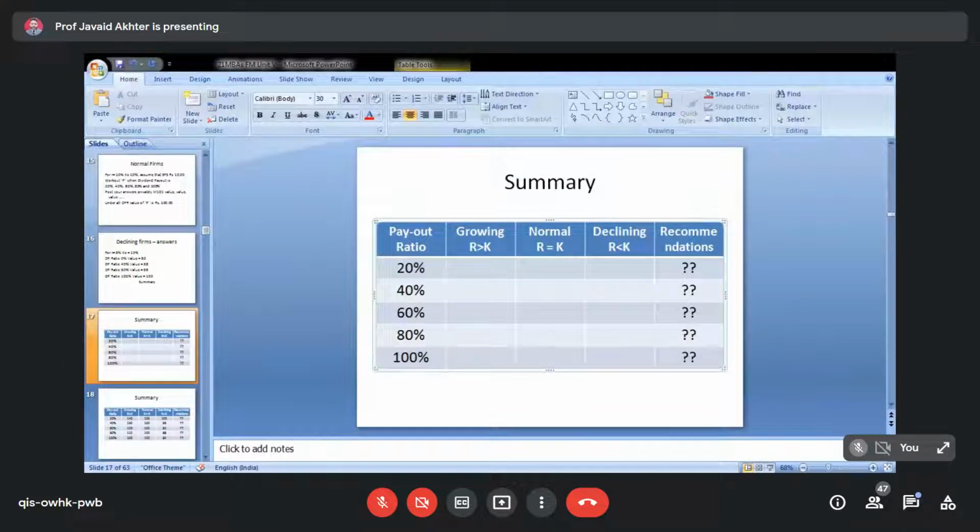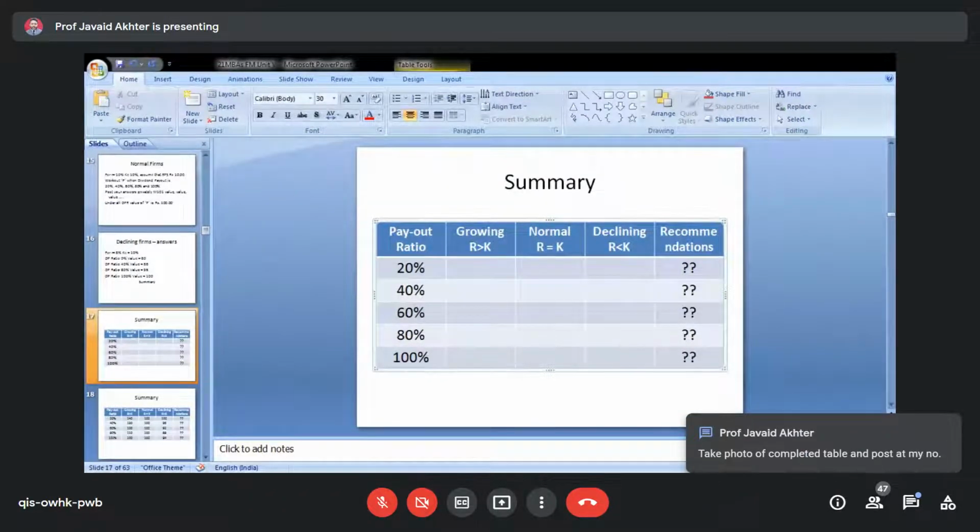The figure that we have completed, I'm writing: take a photo of the completed table and post at my number.